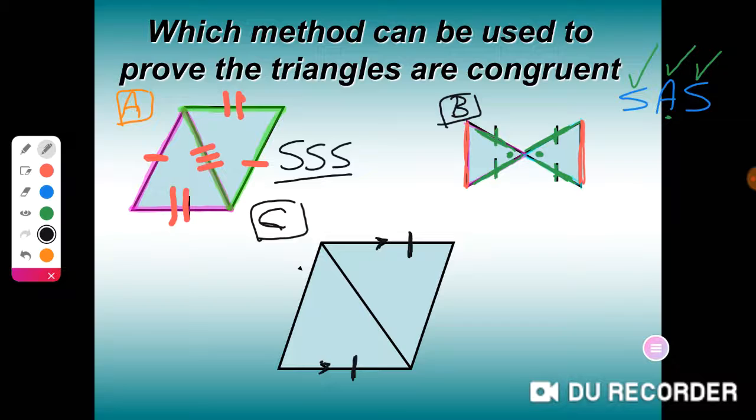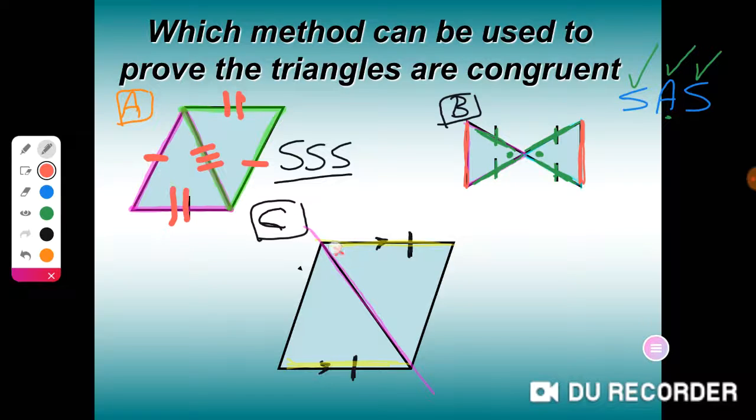So what is the result if these two sides are congruent? This side is congruent to this side. And we have a transversal, and the transversal cuts the two sides, so you need to think about alternate interior angles.